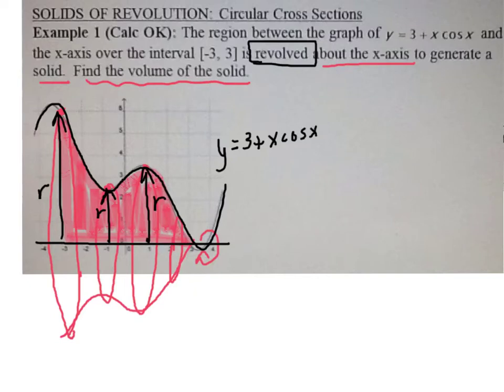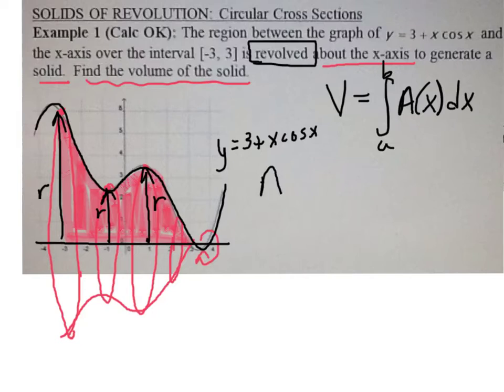Okay, so since we know that volume is the integral of the cross-sectional area, our job is to figure out a formula for that area. Well, since it's circular, area equals pi r squared.